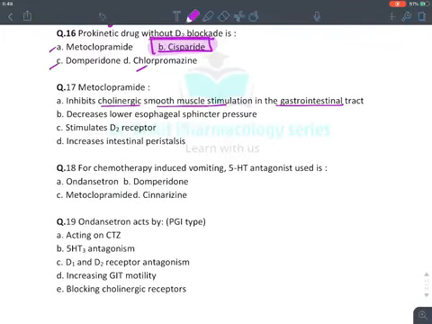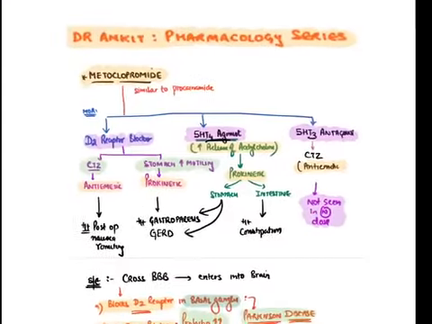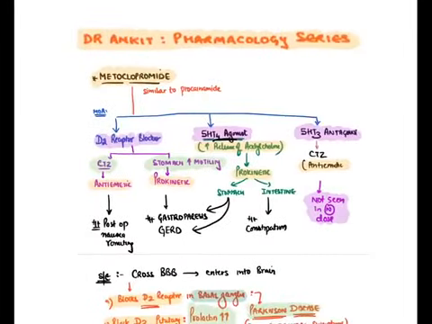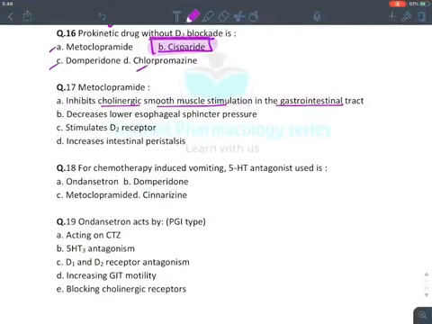Metoclopramide inhibits cholinergic smooth muscle stimulation of the gastrointestinal tract. So let's come to the metoclopramide part. I told you that metoclopramide releases acetylcholine. It inhibits cholinergic stimulation of the gastrointestinal tract: absolutely false, it rather stimulates them. It releases acetylcholine, which causes contraction.